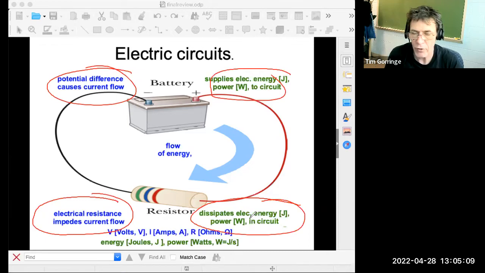So, in the oven of a stove is a filament that you use to warm the, I don't know, beef bourguignon or whatever you're making tonight. That filament is a resistor, and electrical power is dissipated in that filament, turned into heat, thermal energy, and that's how you're cooking your chicken Kiev or whatever you're doing this evening.